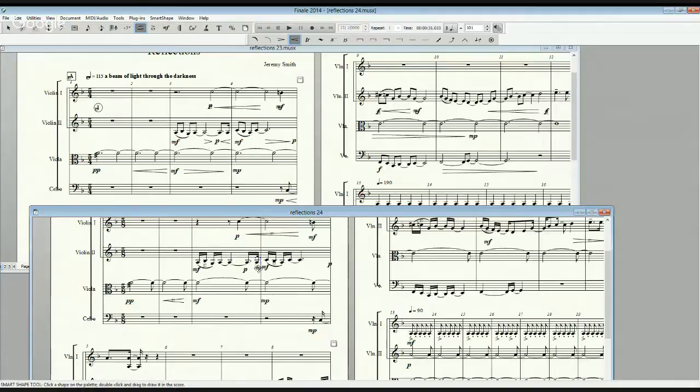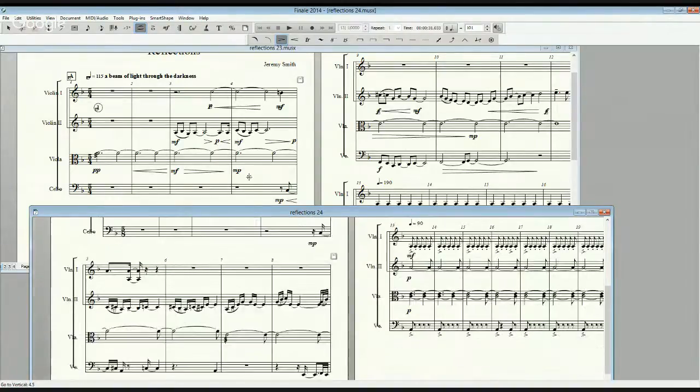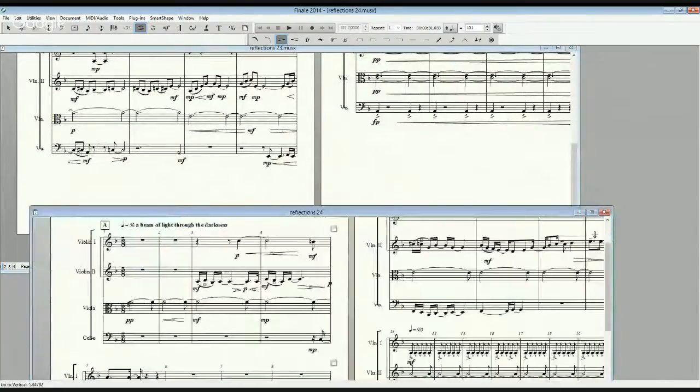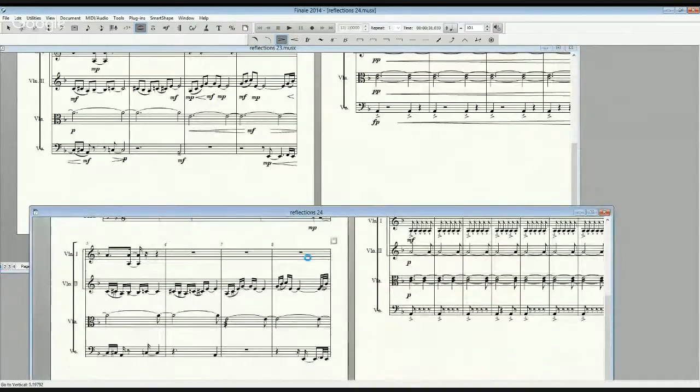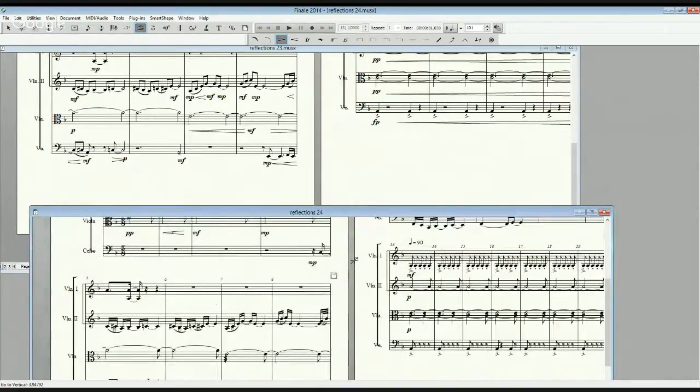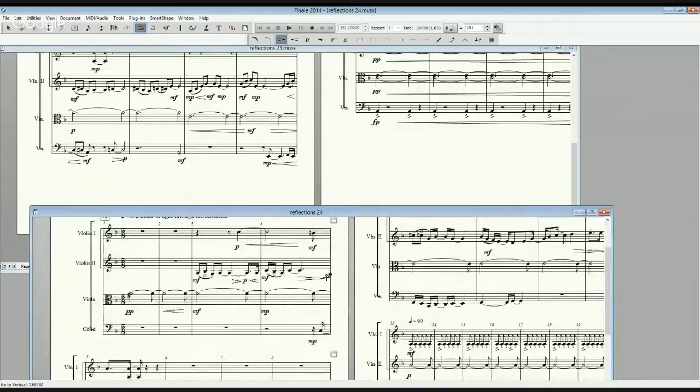Tiny hairpin. And tiny hairpin. And more hairpin. I'm not gonna move that dynamic marking off the bar line. Just leave it. To die out there in the death zone.